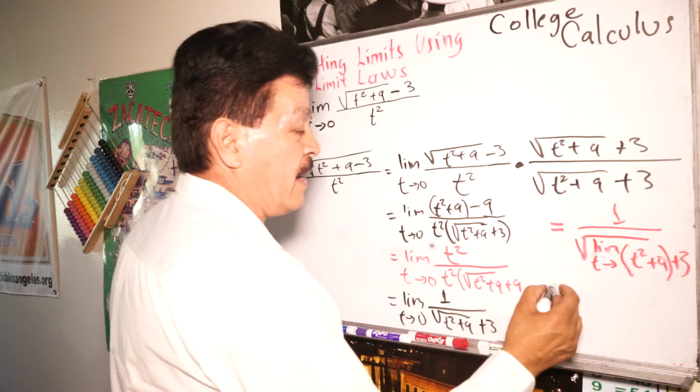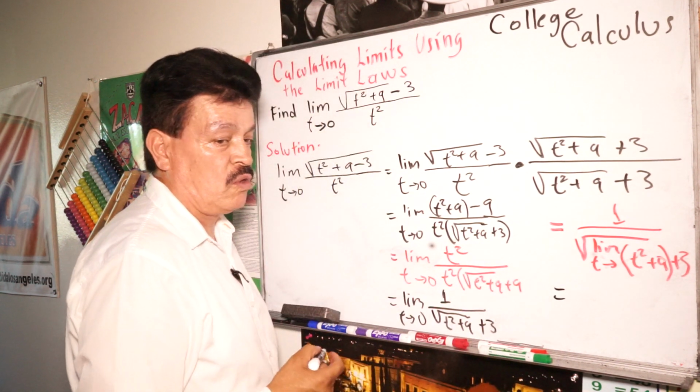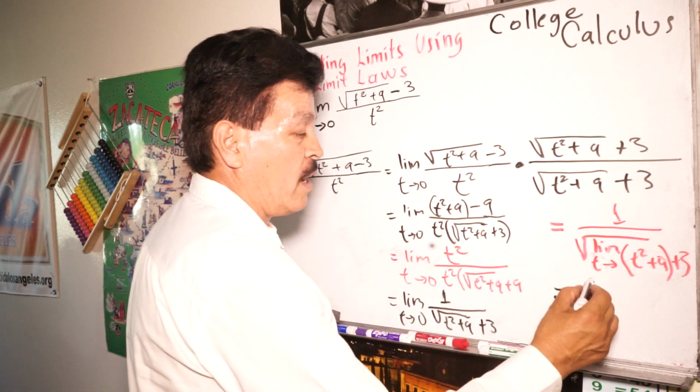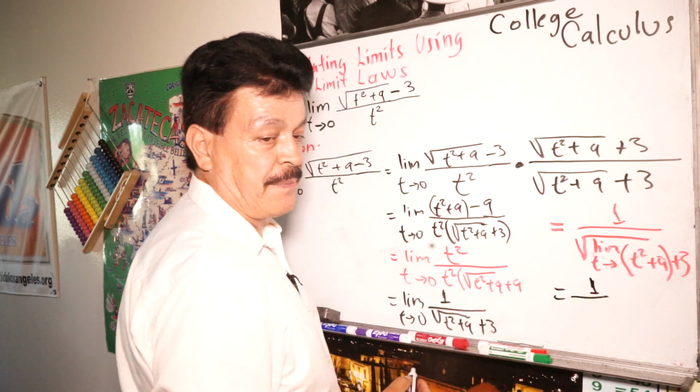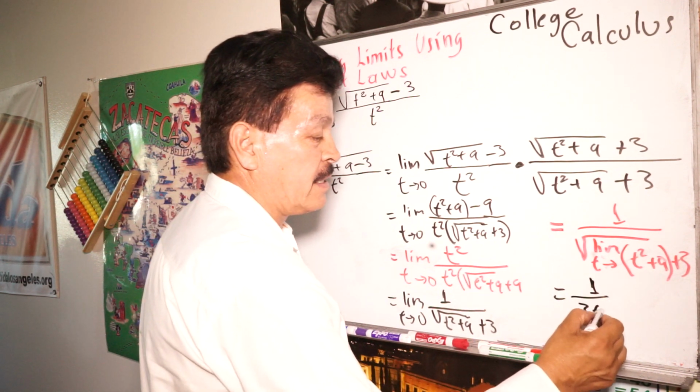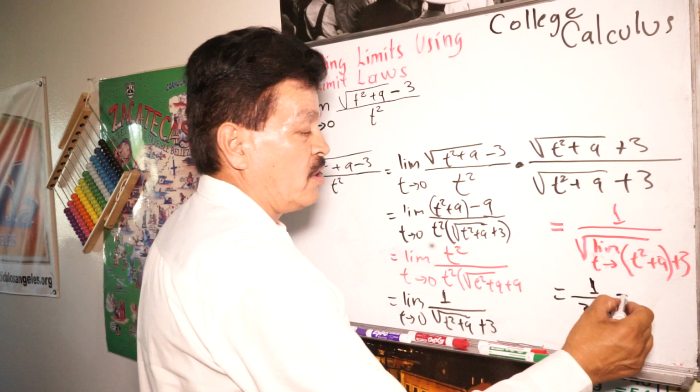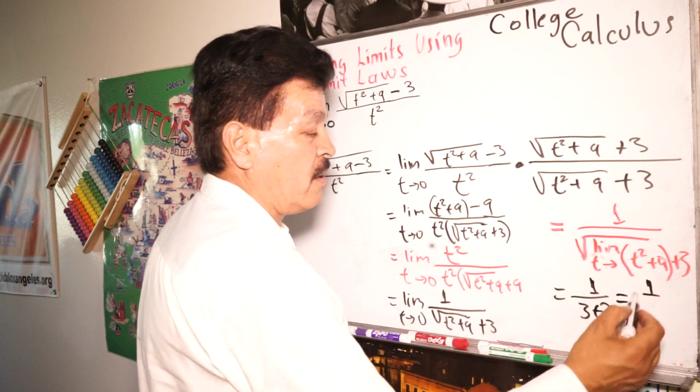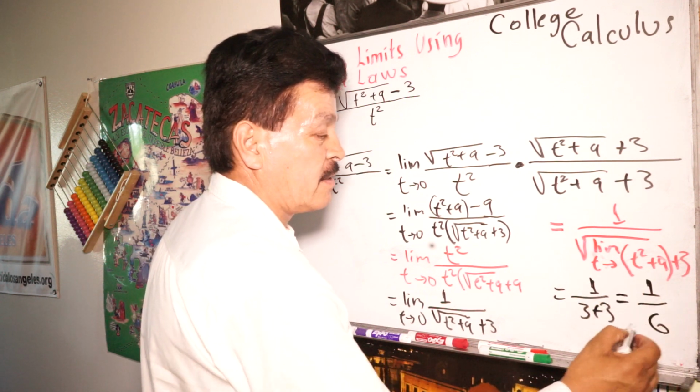So finally the conclusion is that it equals 1 divided by 3 plus 3. If you simplify, it will be 1/6.